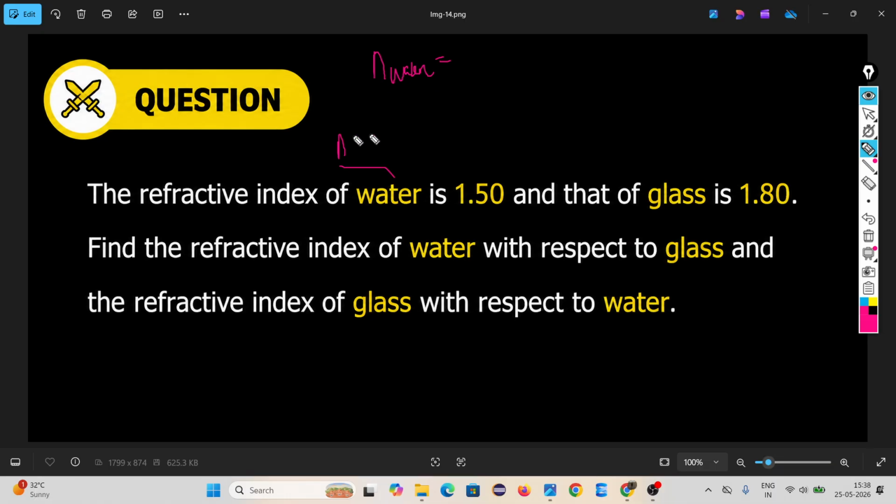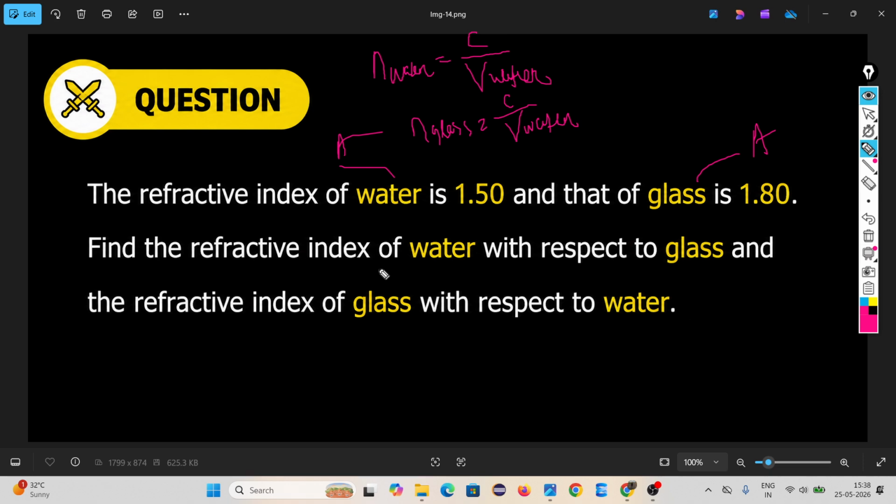Because it is absolute, the first medium is always air. So n of water is c upon v of water. Then n of glass equals c upon v of glass. These two are given.